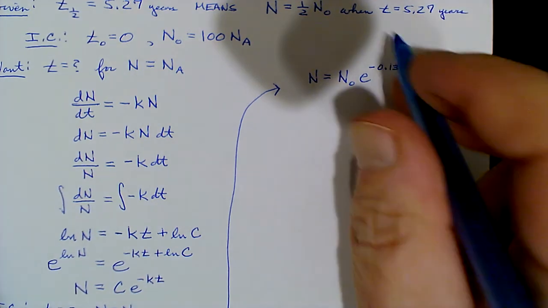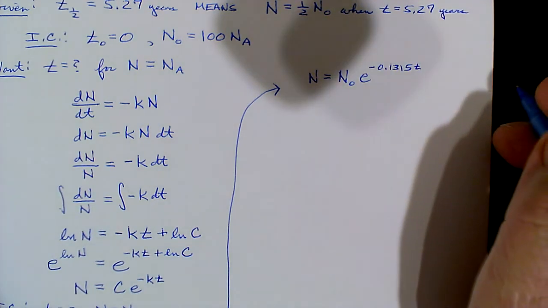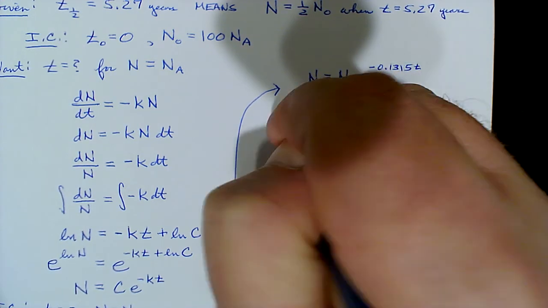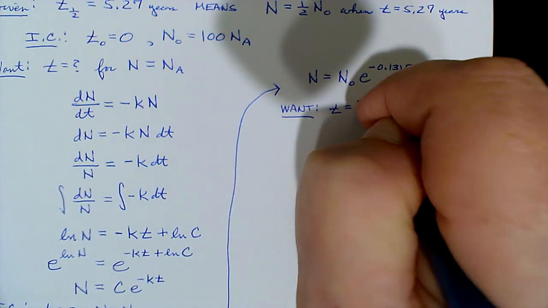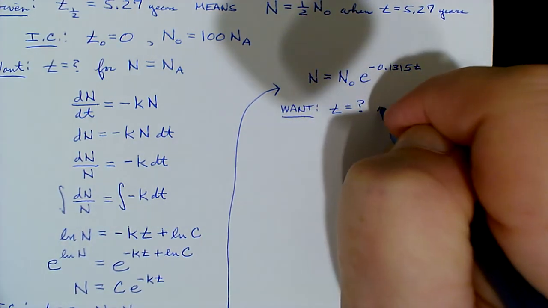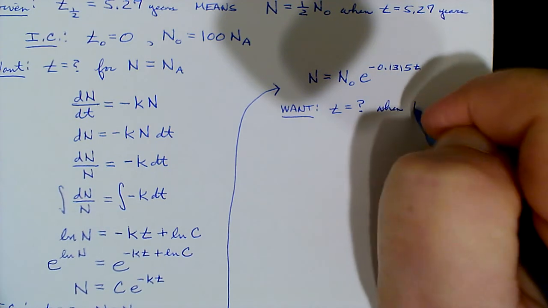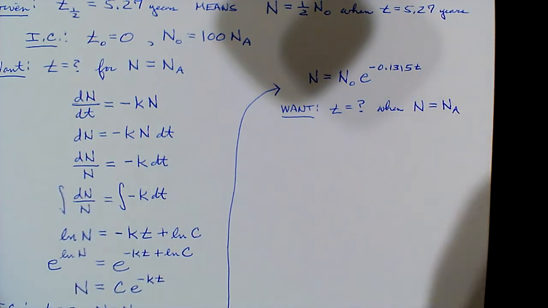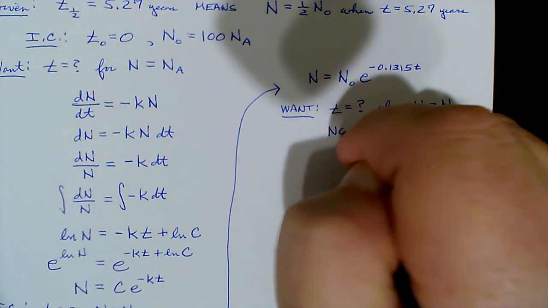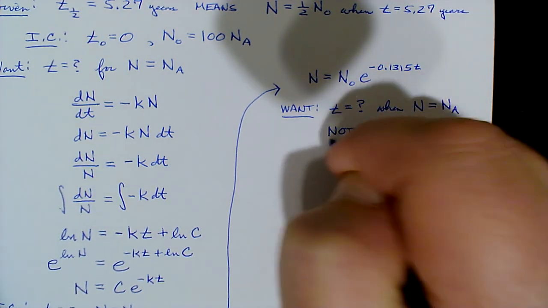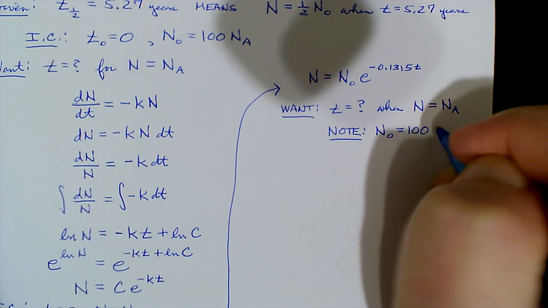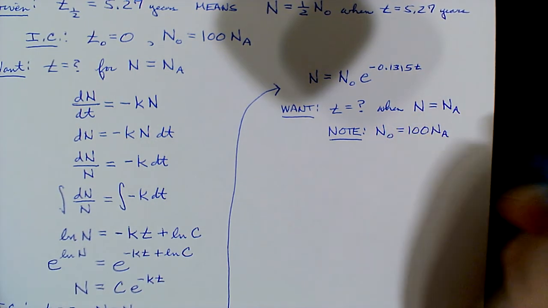And what we want is the time when the amount equals the acceptable amount. But also note that the original amount was 100 times the acceptable amount.